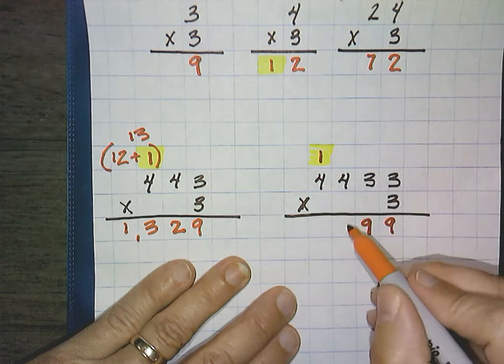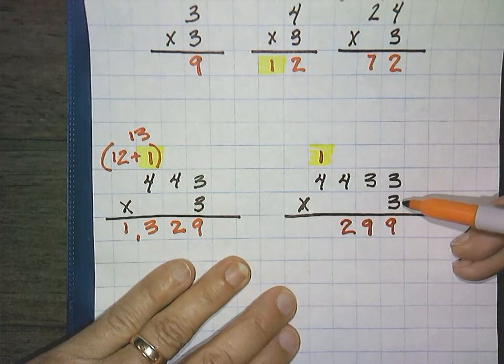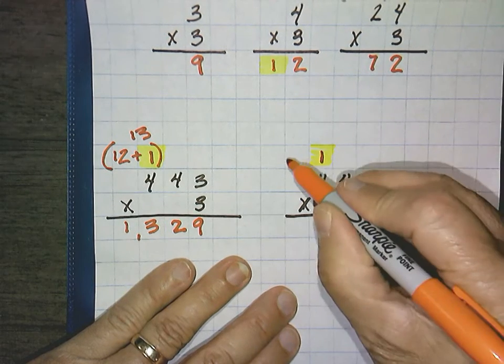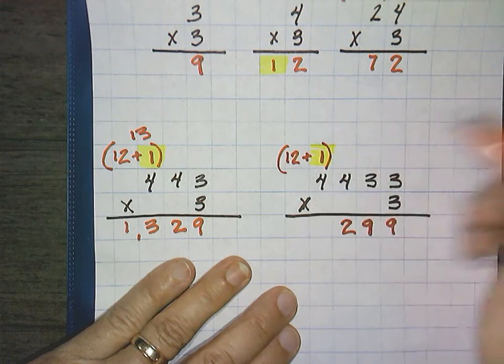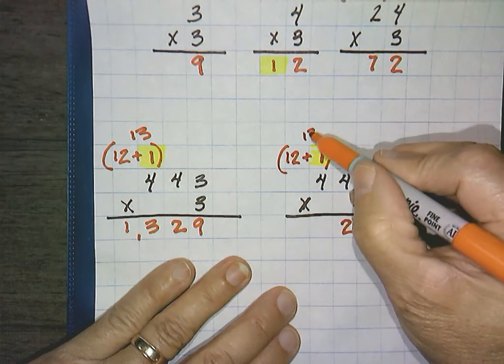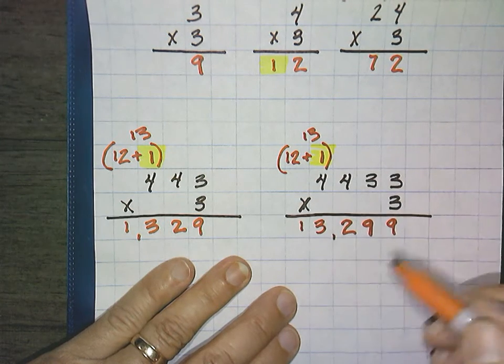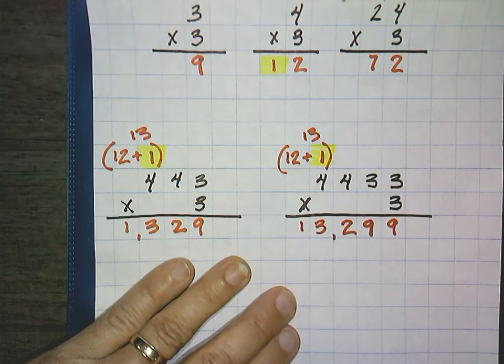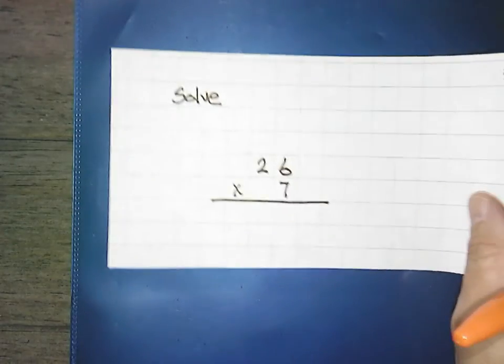That's a 2-digit answer. So that's why I had to regroup the 1. And finally, 3 times 4 is also 12. But in this case, I'm going to add it to that regrouped number, and I get 13. So my product in this example would be 13,299.